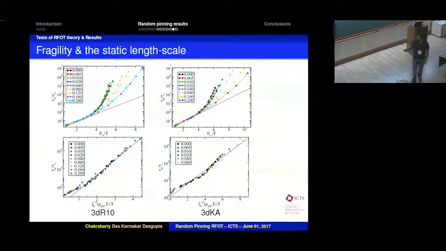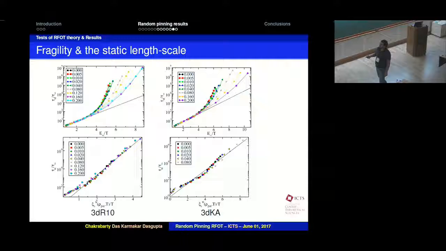The next thing that is useful is that the fragility of these differently pinned supercooled liquids can be explained using one length scale.